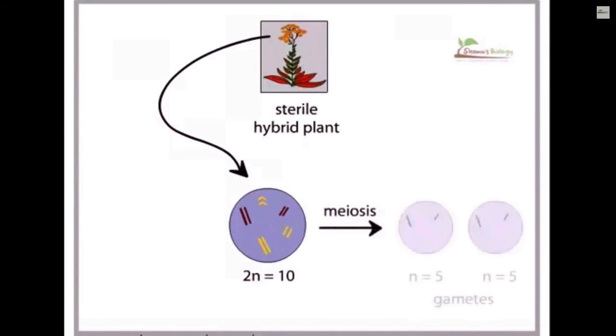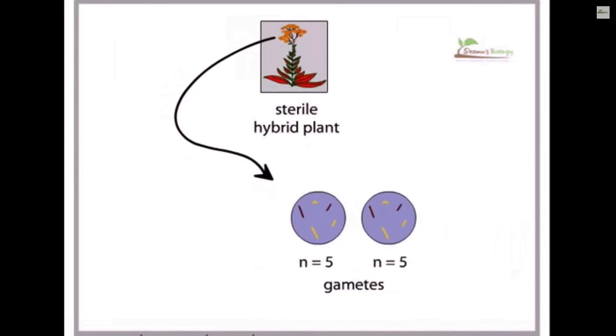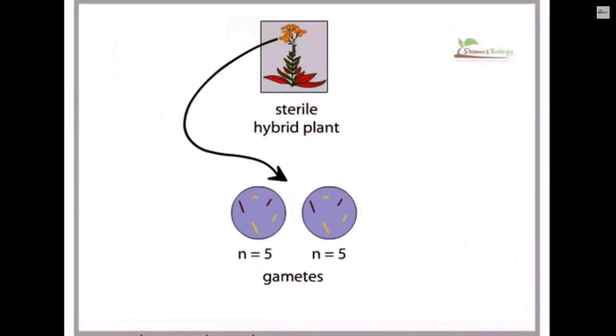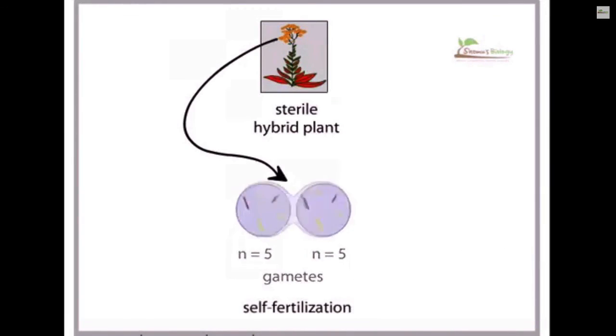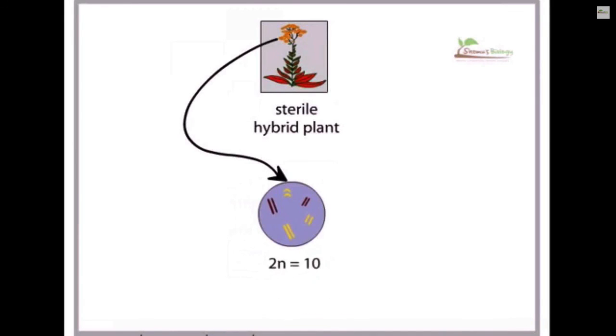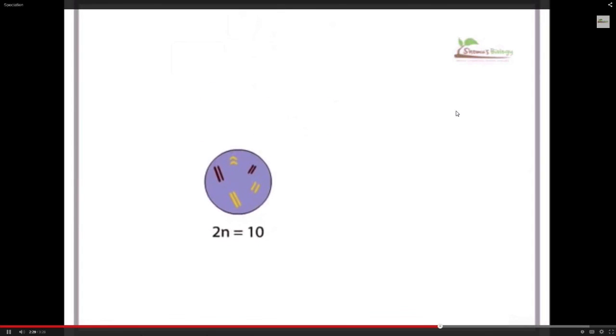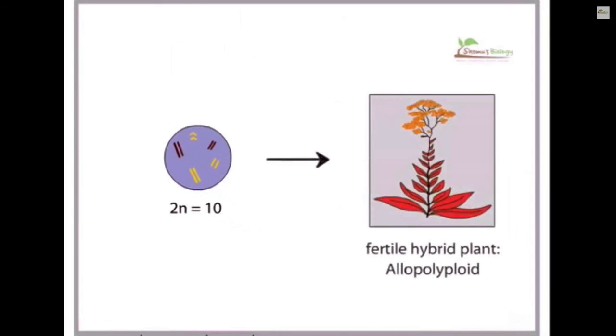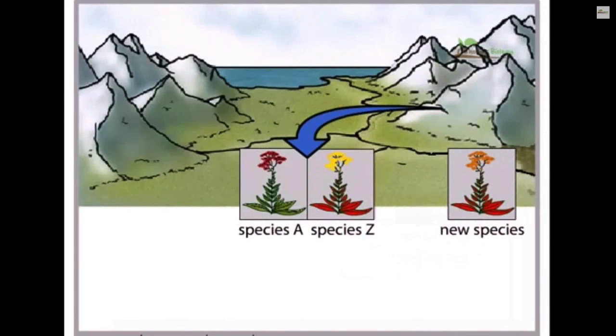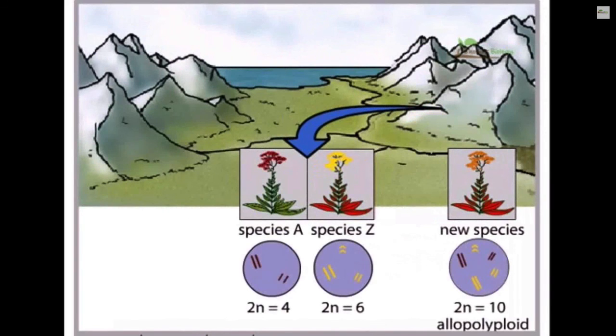Meiosis proceeds normally in the polyploid reproductive organs, resulting in gametes with 5 chromosomes each. Self-fertilization produces a fertile hybrid plant, an allopolyploid. The allopolyploid is a new species which can reproduce and thrive.